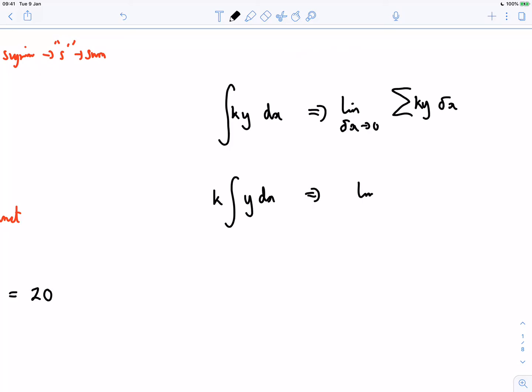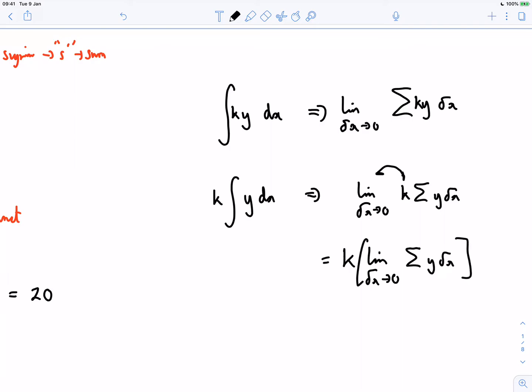So in actual fact, we can take it one step further. k times the sum of that y delta x. And we can actually go even further. This k is not being limited by the limit as delta x tends to 0. So it's actually k times the limit of delta x tending to 0 of the sum of y dx. Okay, so there's quite a lot to take from that.